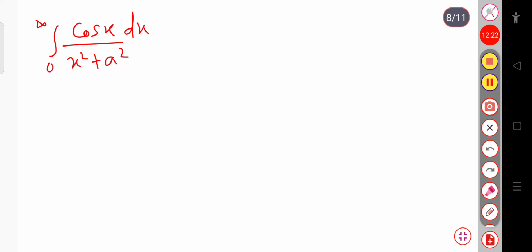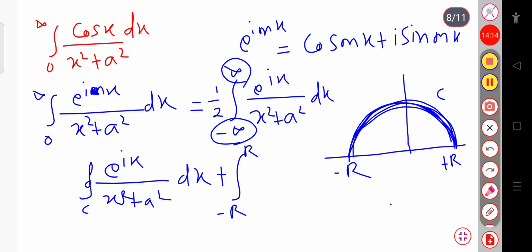If I convert this minus infinity to plus infinity term into two parts, one for this contour c in the upper half plane, and one for this minus r to plus r when r goes to infinity, then I am writing here, one is for the contour c, exponential ix divided by x square plus a square dx, and one is from minus r to plus r, exponential ix divided by x square plus a square into dx.